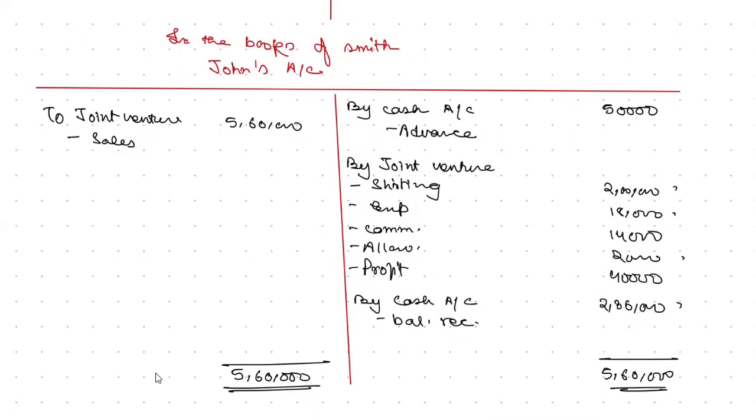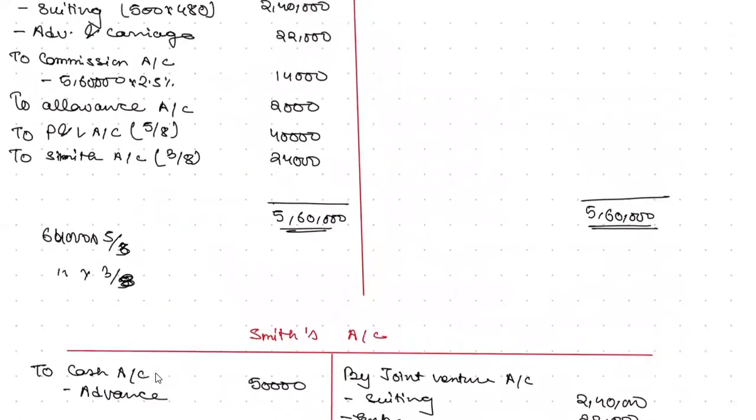It is coming to 5,78,000. One second, oh, this allowance is 2,000, I took 20,000. Yes sir, 60,000 is correct. It's correct, right? Okay, so this was all.